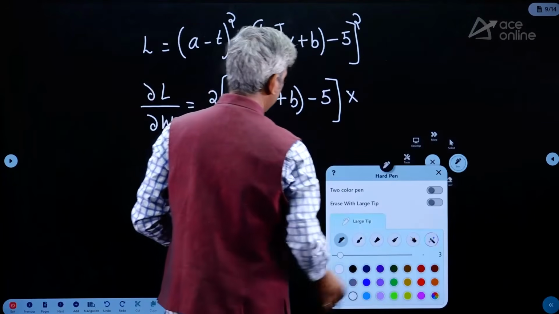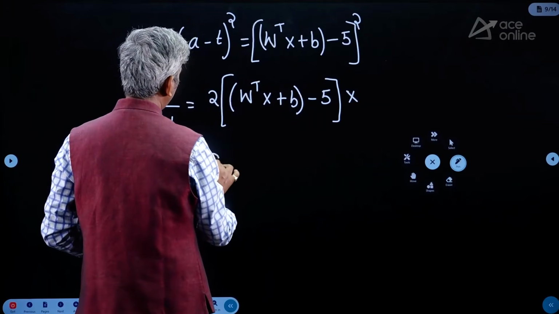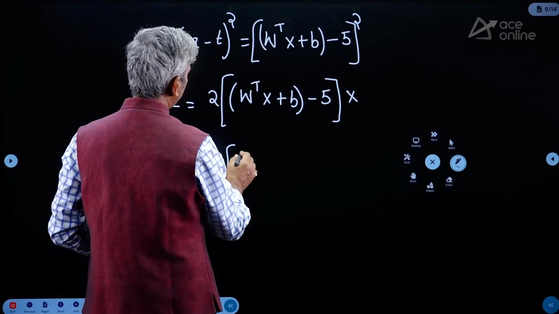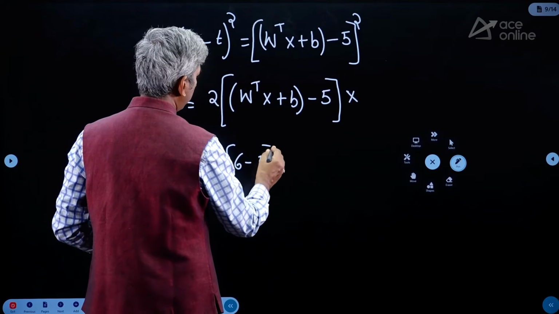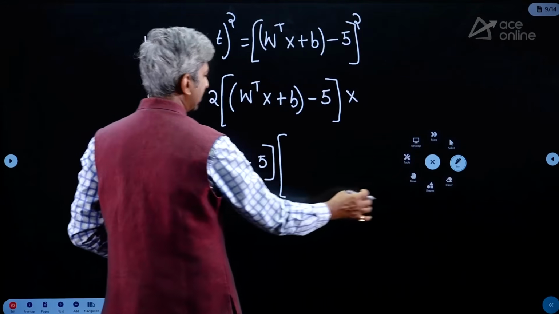So that is 6, we already have that. So 2 times 6 minus 5 multiplied with X.